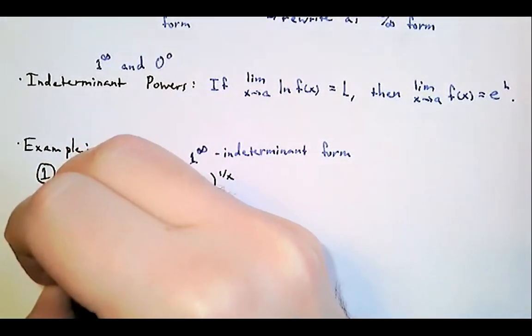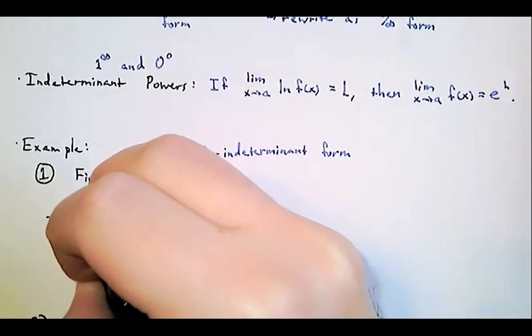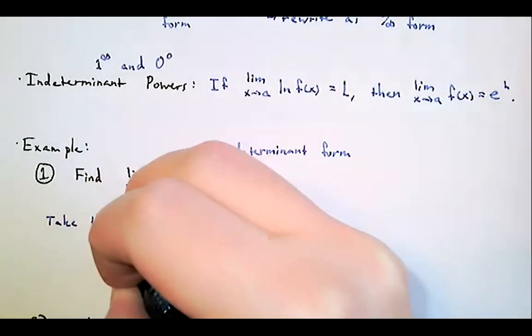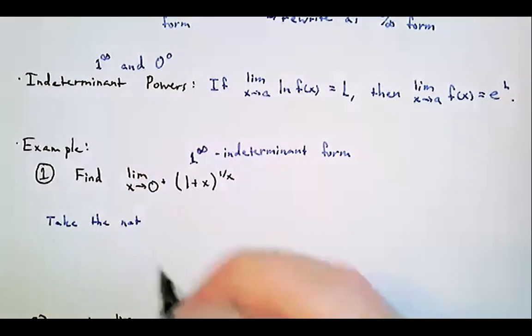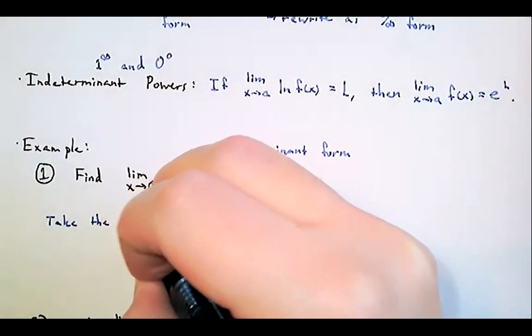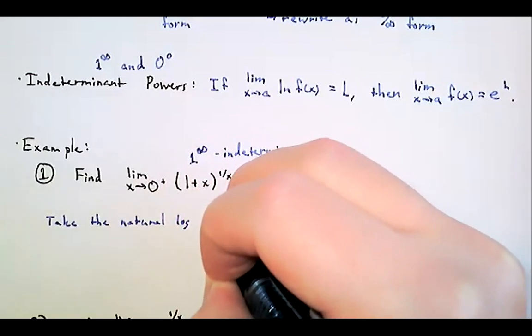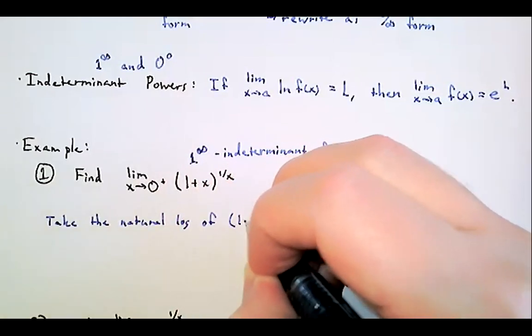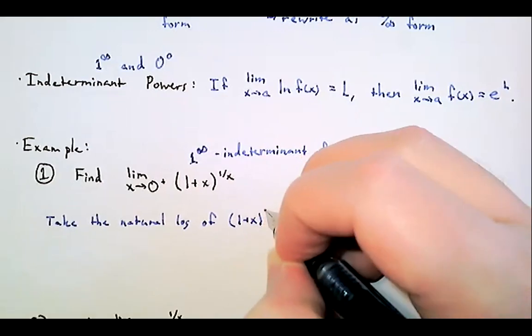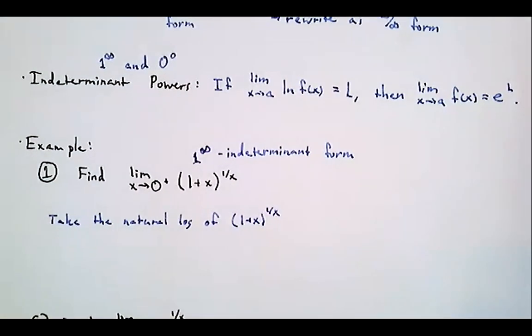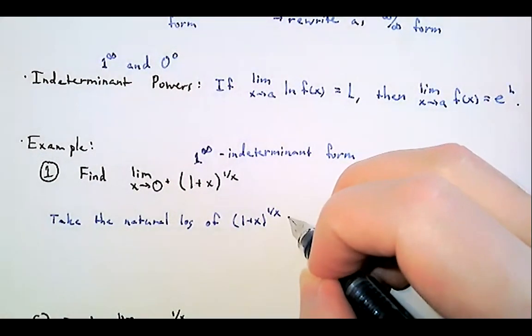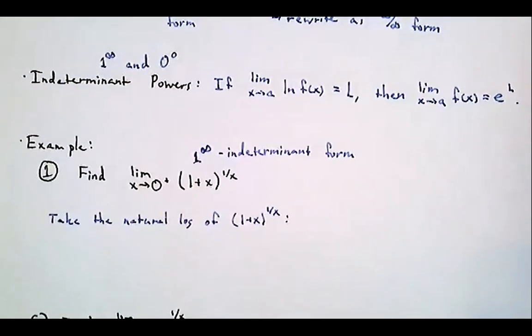Okay, so let me just write down, take the natural log of your function, (1 + x) to the 1 over x power. And then compute the limit that way.